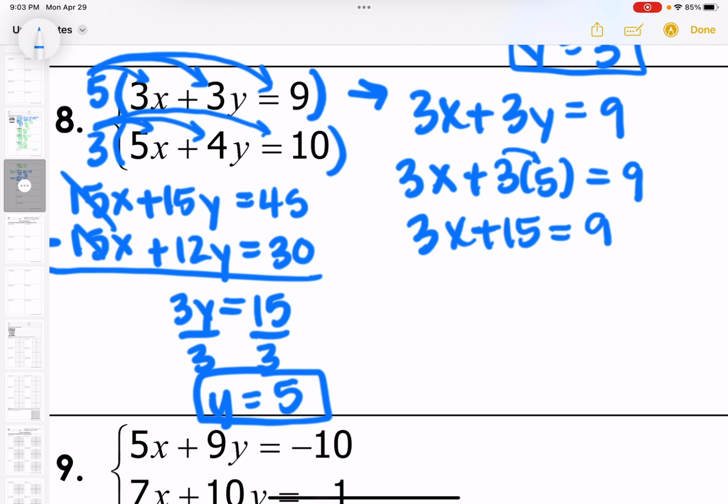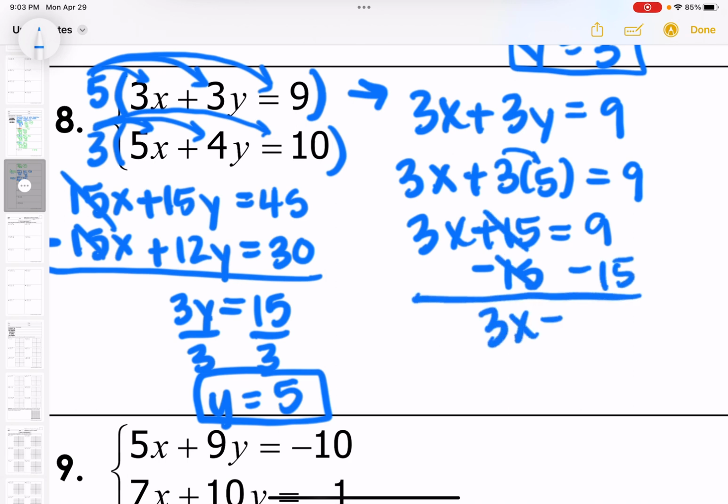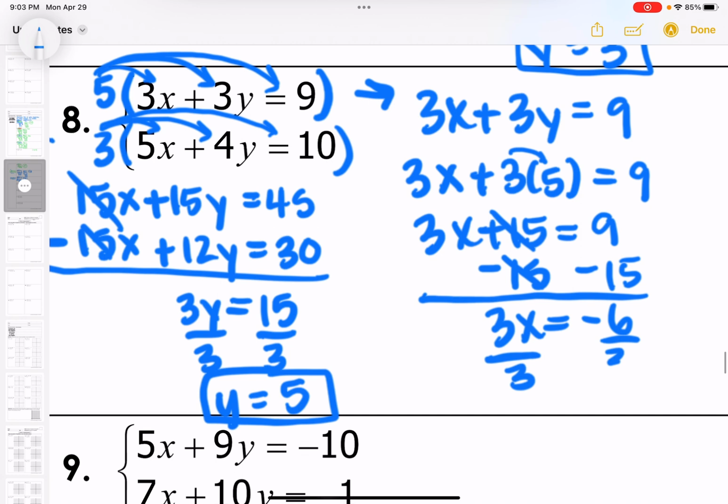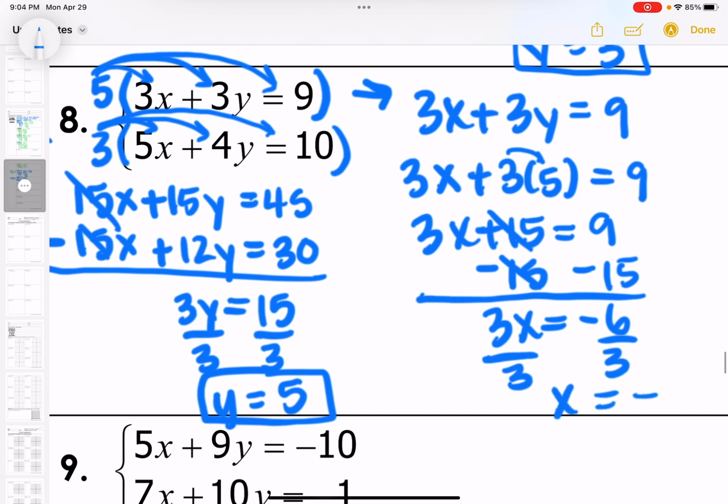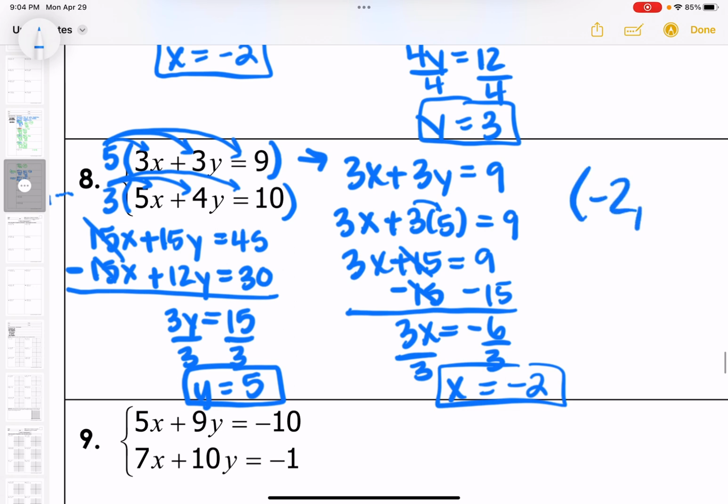I need to get 3x by itself, so I'm going to subtract 15 from both sides. That gives me negative 6. So I'm going to divide by 3. So x is going to be negative 2. So my solution will be negative 2, 5.